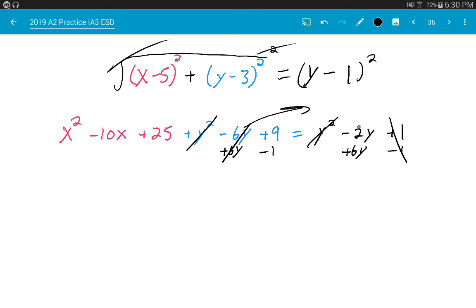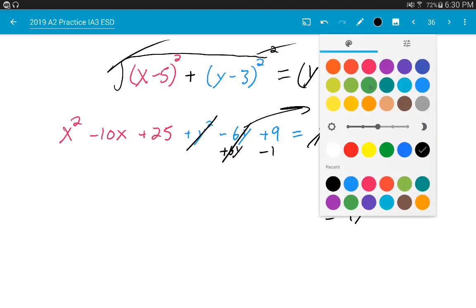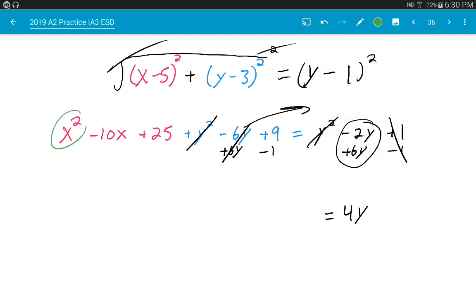So let's keep track of what we got going on here, okay? This side is going to be 4y. This side is a little messy right now, so let me identify what my pieces are. I've got x squared minus 10x. I've got plus 25 plus 9, that's 34, minus 1 is 33. And that's all equal to 4y.